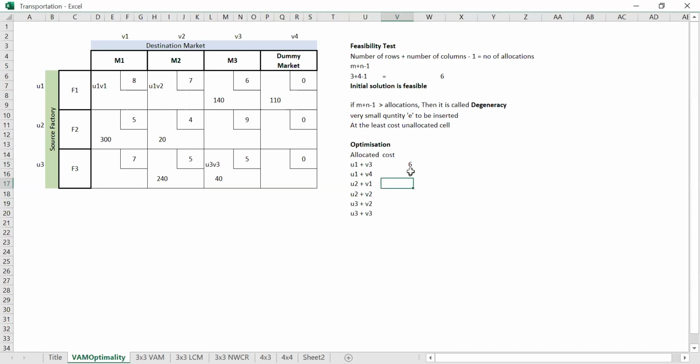U2, V1 is 5. Next is 4. The next allocated cell, 240 units, 5. U3, V3 is 5 again. So these are the values based on allocated cells, and we have the associated costs.